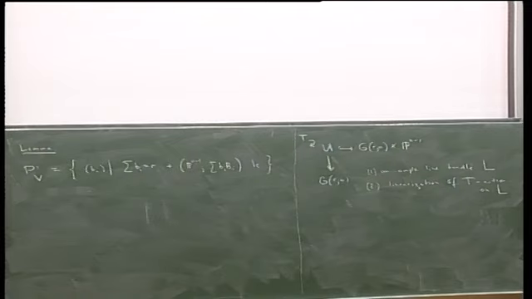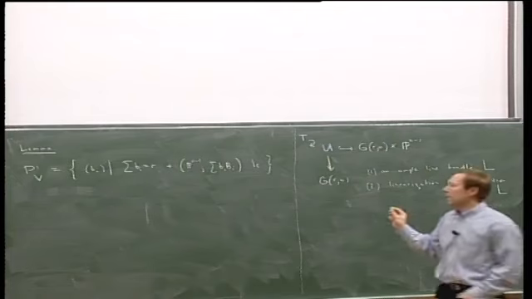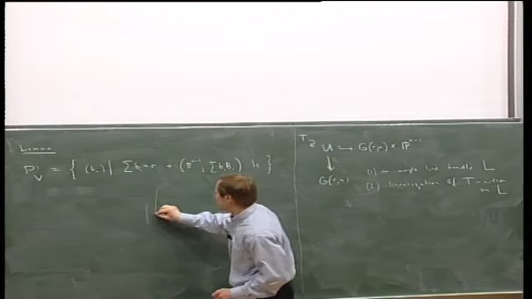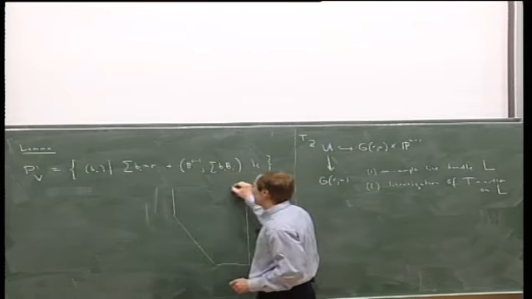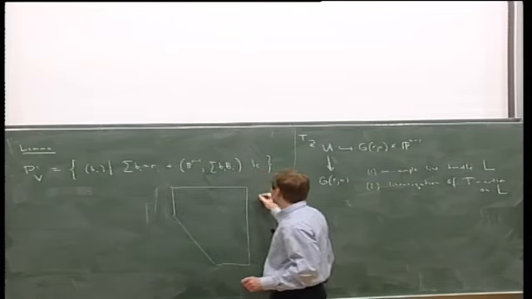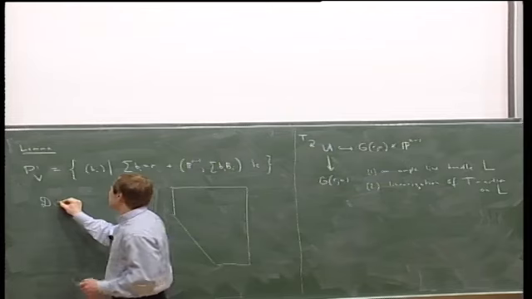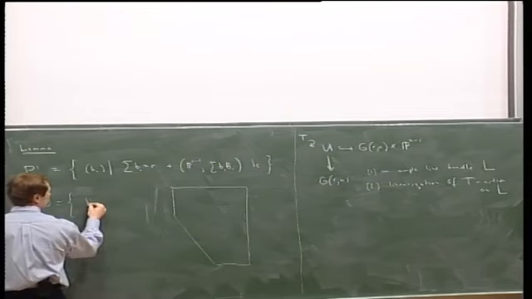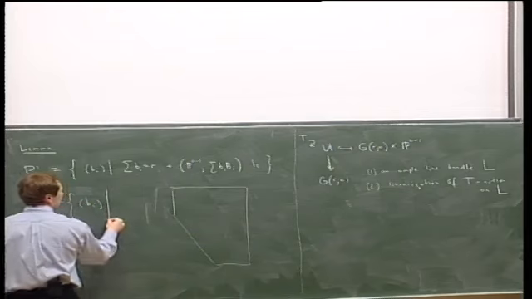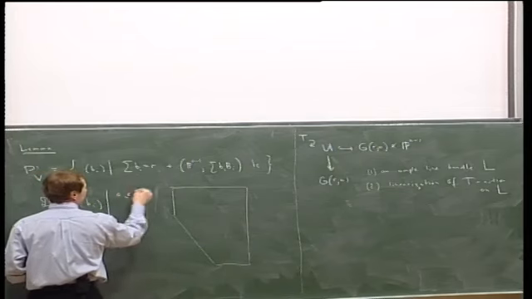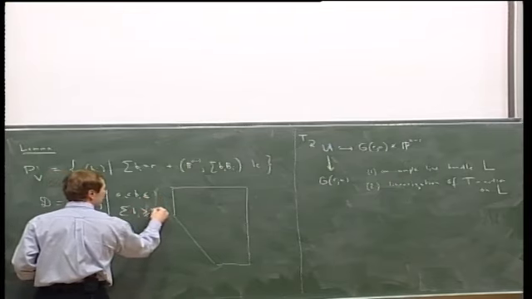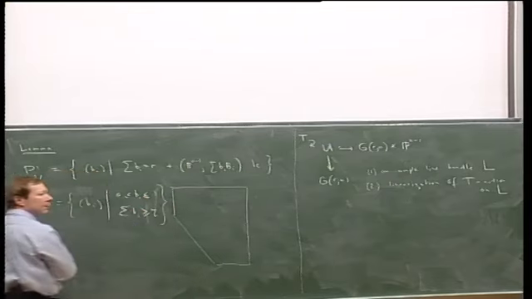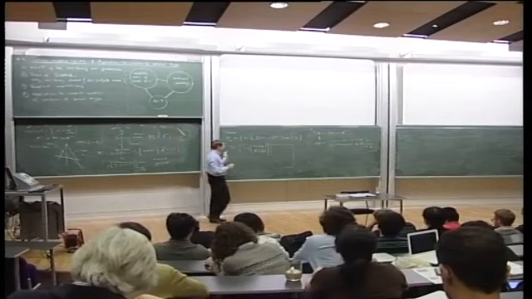Now, here's the statement, and this is somehow the heart of the whole matter. Yesterday there was this chamber. I defined the chamber D, and it was those BIs which are between 0 and 1, and where the sum of BI is greater or equal than R. So that was the chamber.